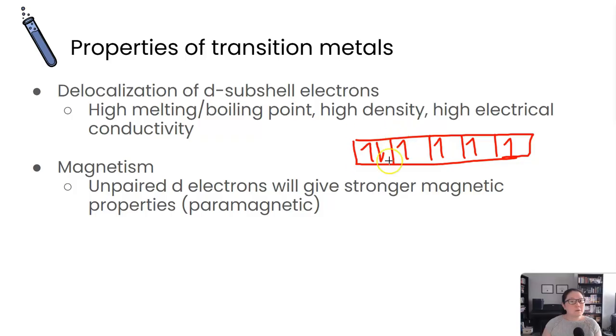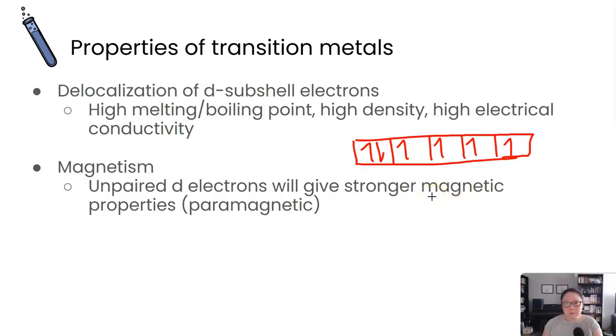Now, if we add another electron in here, it's not going to spin in the same direction, it's going to spin in the opposite direction, and that means that the magnetic field that's created by the first electron is being cancelled by the second electron. So more unpaired electrons are going to give you a stronger magnetic property.